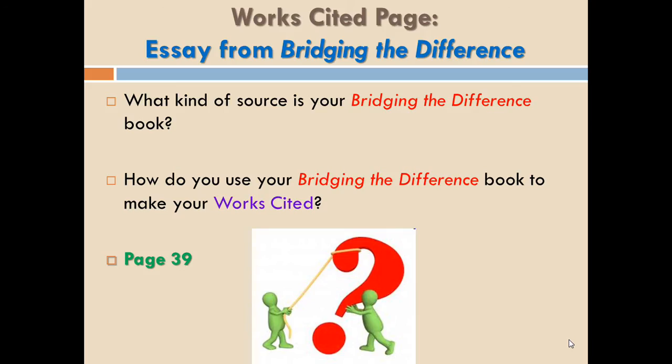So it starts with print sources, and then it goes on to electronic online sources, and then other types of sources. So as long as you know what kind of source you have, you can use your Bridging the Difference book to make a works cited page for any of those sources.